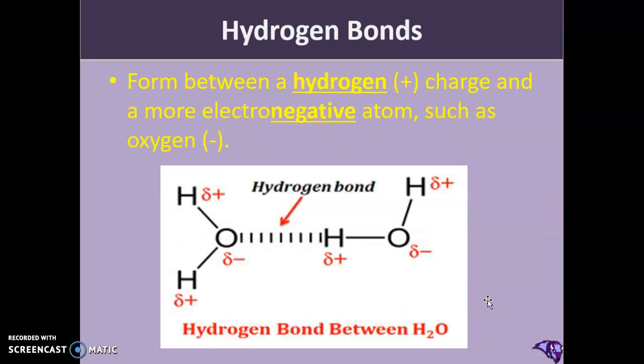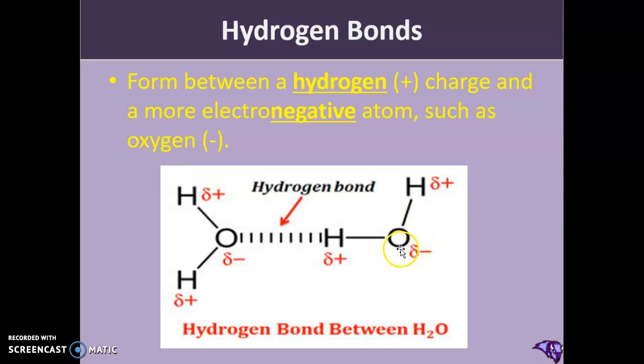Another bond is a hydrogen bond, and we'll come back to hydrogen bonds and revisit them again probably tomorrow when we talk water properties. A hydrogen bond can exist between two water molecules. That's our example here. So H2O, you have two water molecules here held together by a hydrogen bond. Hydrogen is more positive, oxygen is negative.